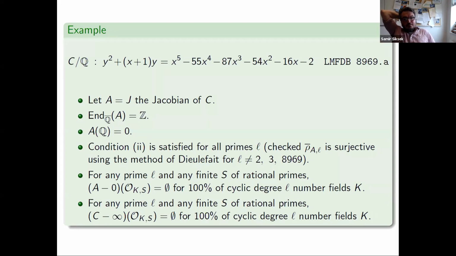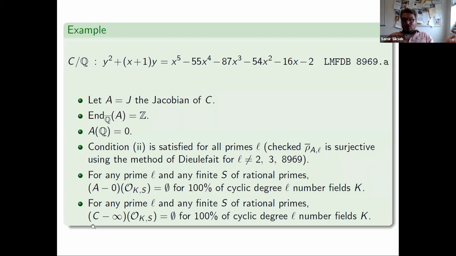Okay, so the conclusion is that for any prime L and any set S that you choose, there are no integral points on the punctured abelian surface, the Jacobian's abelian surface, for 100% of cyclic degree L number fields.